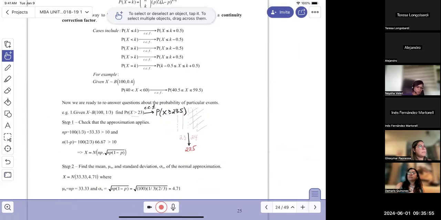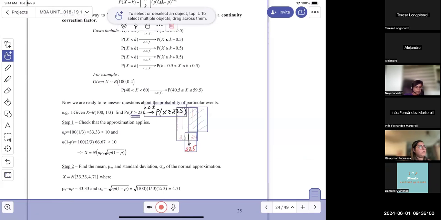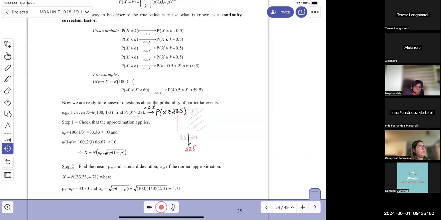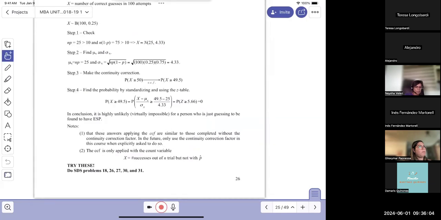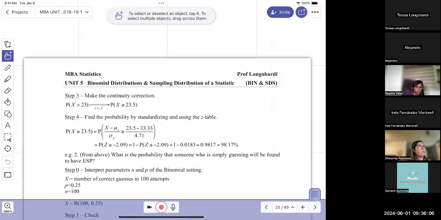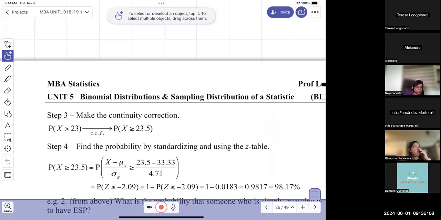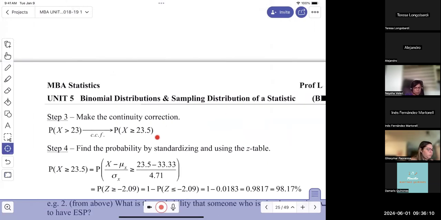So you'll see when you solve this that, so these two steps we just did, you can review those, but making the correction that I just wrote, now you standardize that and you get a slightly different number. It's a little bit smaller.